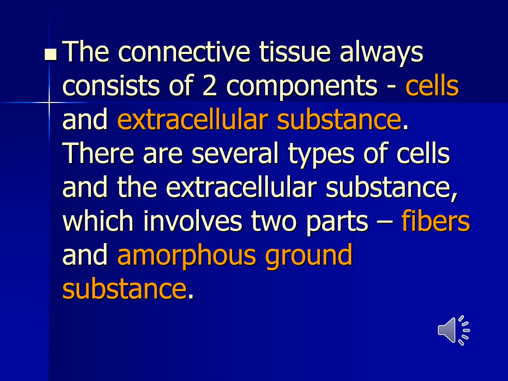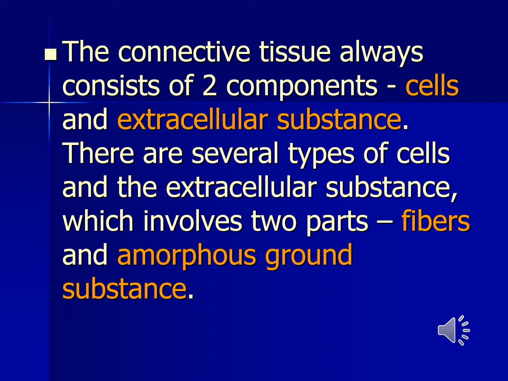Connective tissue has a large amount of extracellular substance, in contrast to epithelium, where extracellular substance is not present. Here, in this type of tissue, there are a general part of extracellular substance and cells. In general, extracellular substance includes two main parts, fibers and amorphous ground substance.